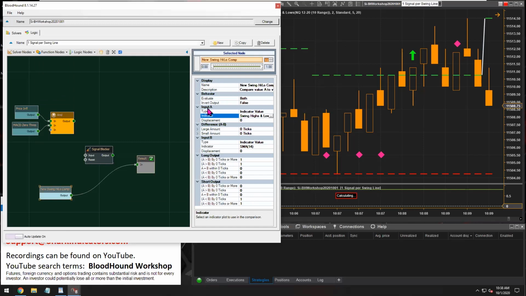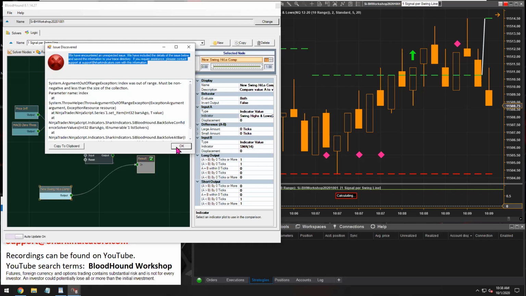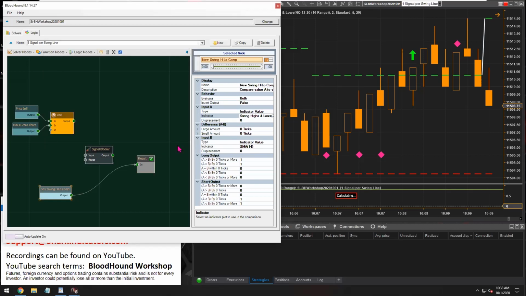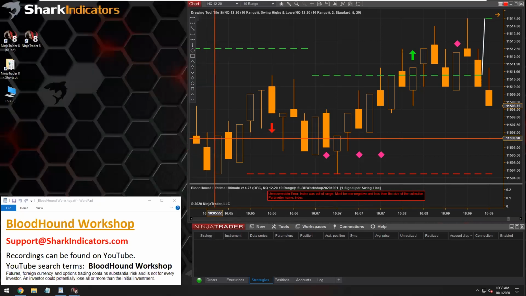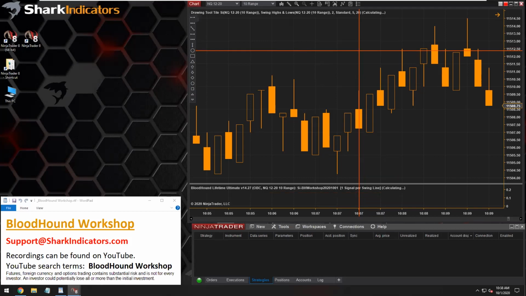So there's input A, and now input B is going to be the same thing. If you ever get this error message when you're using the swing highs and lows, just click off of it. It's not going to affect anything. We are still trying to figure out what has changed to cause that. If that does happen, just reload your chart.